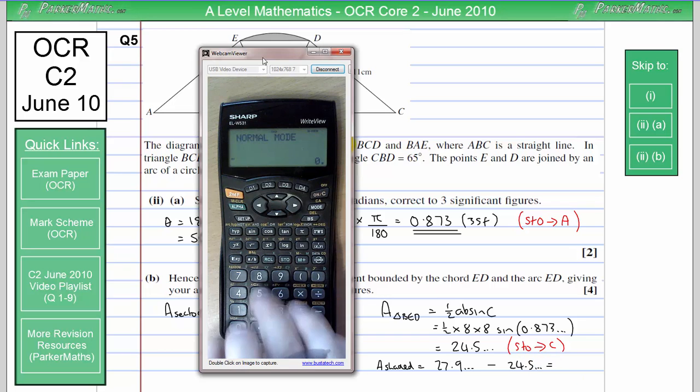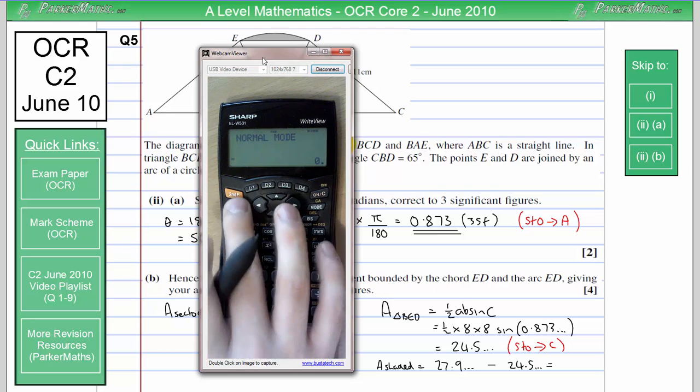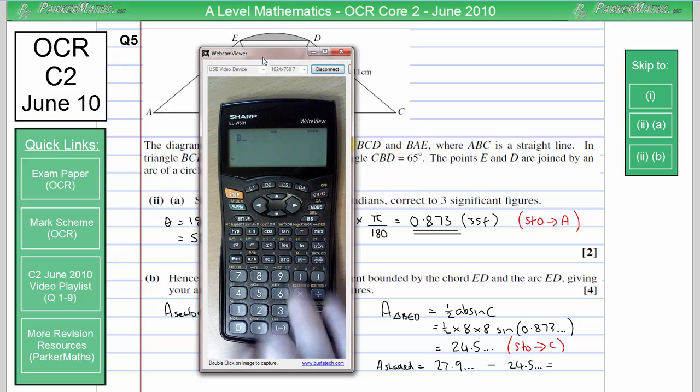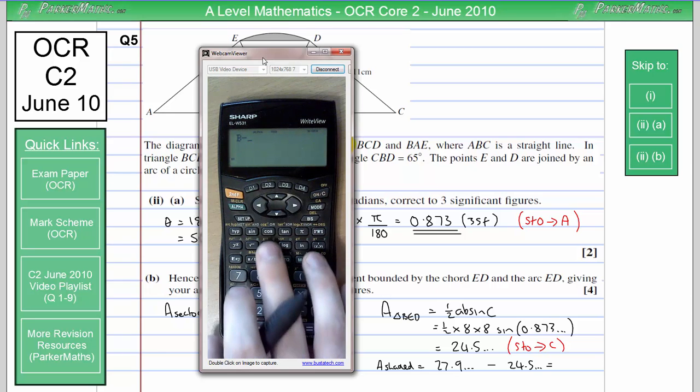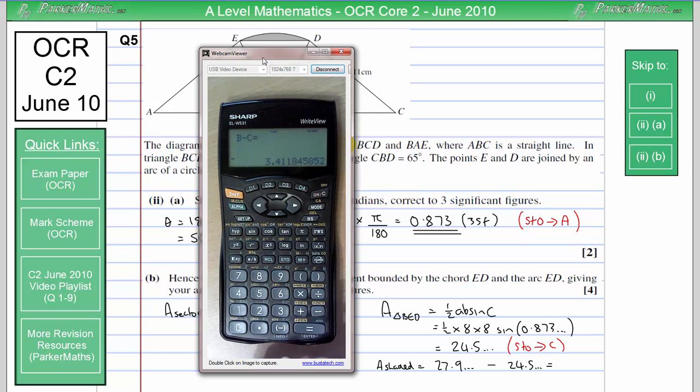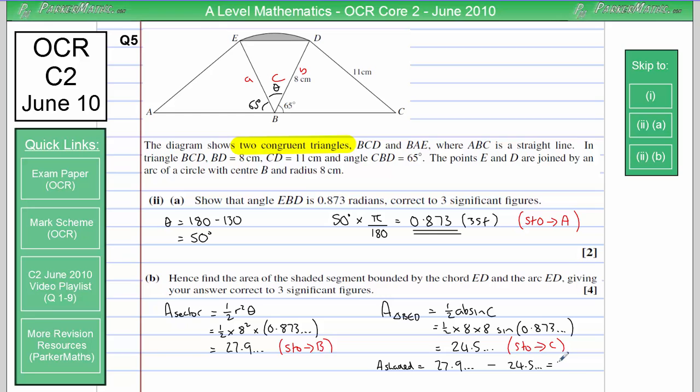So I'm going to use the stored values on my calculator to help with this. So the area of the sector I stored as B, and the area of the triangle I stored as C. So I'm going to do B take away C, and I get 3.41 to 3 significant figures.